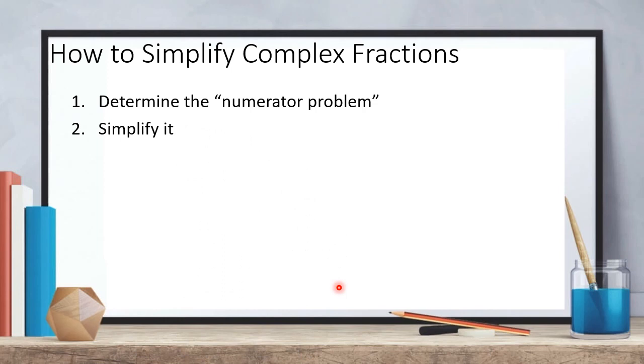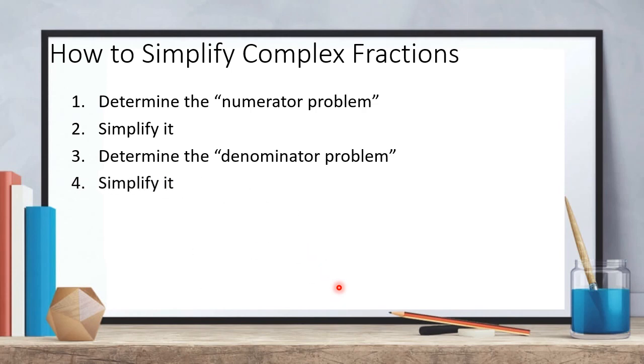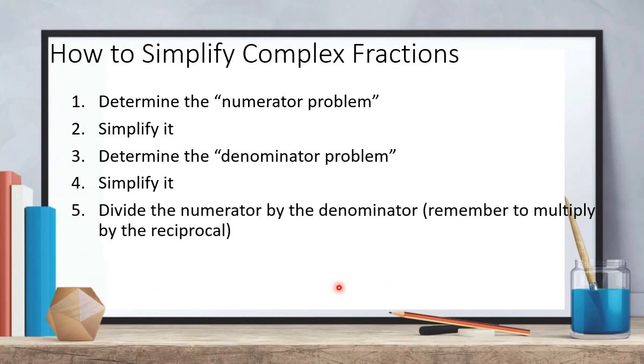Whenever we determine it, we should simplify it. And then we should determine the denominator problem. Whenever we determine it, we simplify it. So we know the main dash, the numerator, the denominator, we simplify them. And then we transform this main dash into a division sign. And then we multiply and simplify.